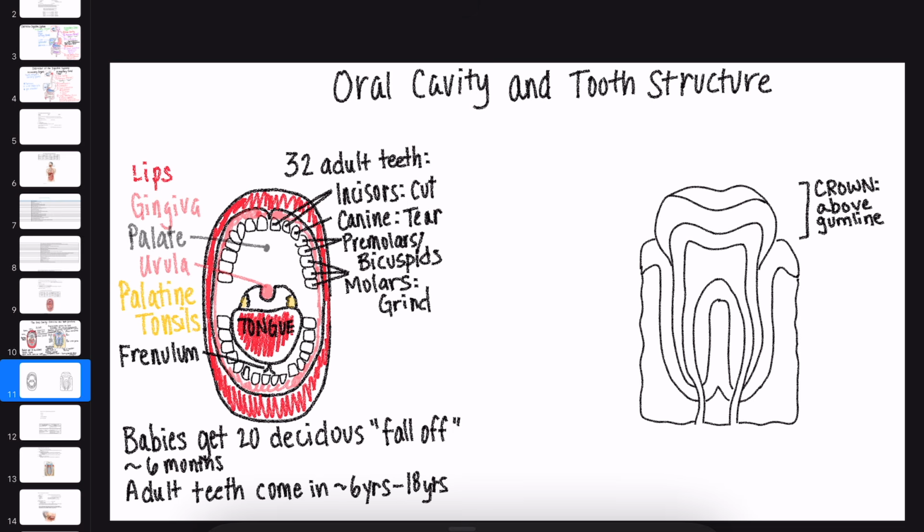And I'll color the gum line here for you so that you can see what I'm talking about. So this is the gum line right here with that gingiva, remember? So the part of the tooth that's above, that's the crown. And then the part where the gum line is called the neck of the tooth.